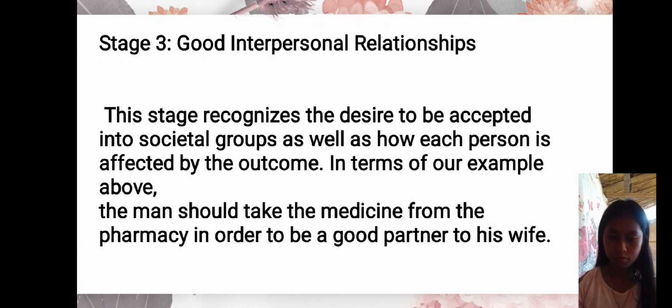Stage 3, good interpersonal relationship. This stage recognizes the desire to be accepted in societal groups as well as how each person is affected by the outcome. In terms of our example above, the man should take the medicine from the pharmacy in order to be a good partner to his wife.